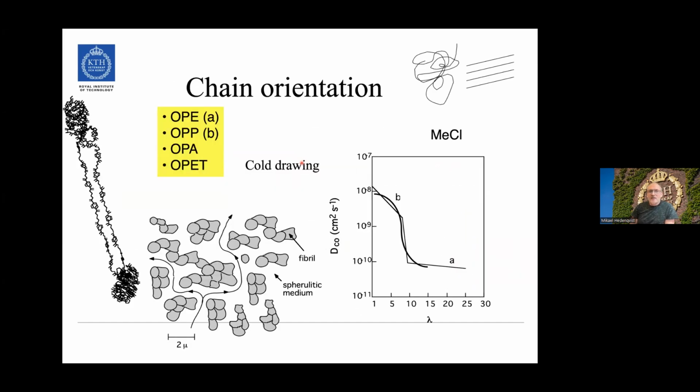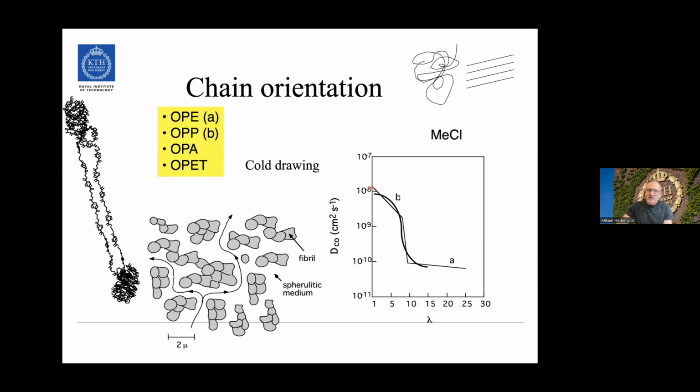Skip that. Further, chain orientation is also another way to obtain a higher barrier material. It's because you are actually forcing the molecules closer together, and you can also induce further crystallinity when you stretch it. Here's an example of methylene chloride diffusing in polyethylene or polypropylene. A is polyethylene, B is polypropylene, and this is the degree of stretching, so the stretch ratio or the elongation ratio.